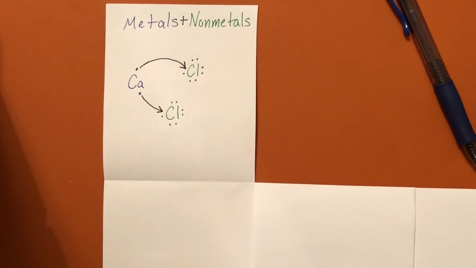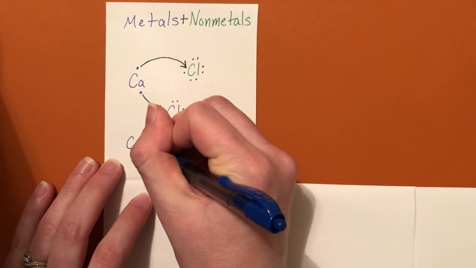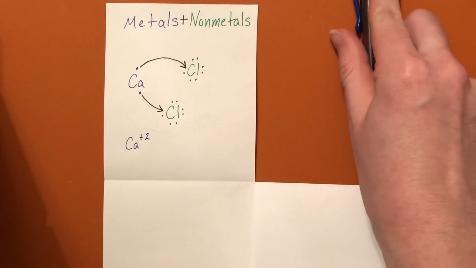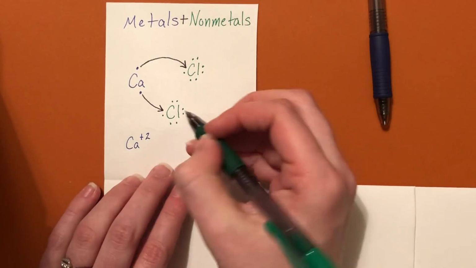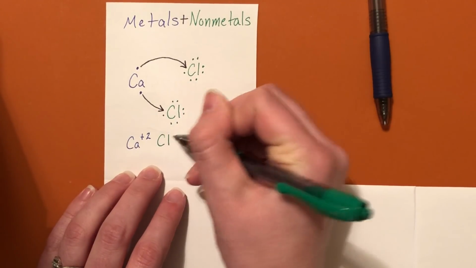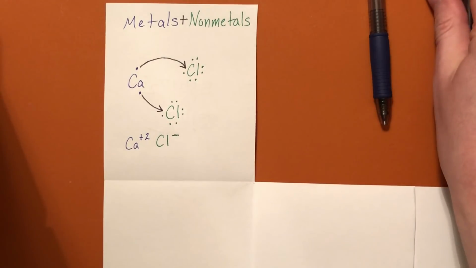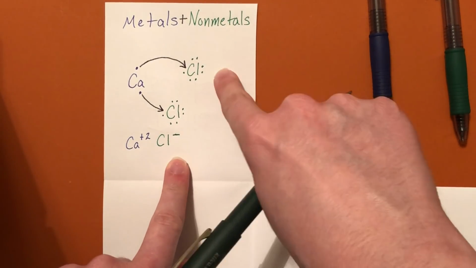Now, when this happens, my calcium now has a +2 charge because it lost 2 electrons, it lost 2 negative charges, and each of my chlorines, so for every 1 chlorine, it gains 1 electron. It gains 1 negative charge. And when that happens, I end up having to have 2 of them.